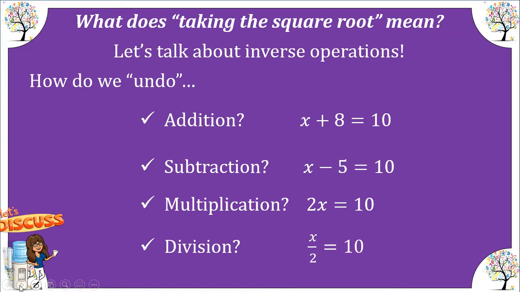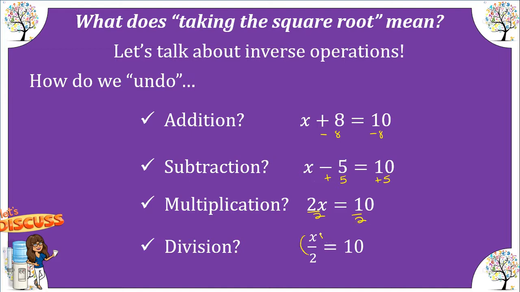So let's recall our inverse operations. This will help show what taking the square root actually means. We know that in order to undo addition, such as the problem here, we would subtract. So addition and subtraction are inverses. They undo one another. Multiplication, we would use division.